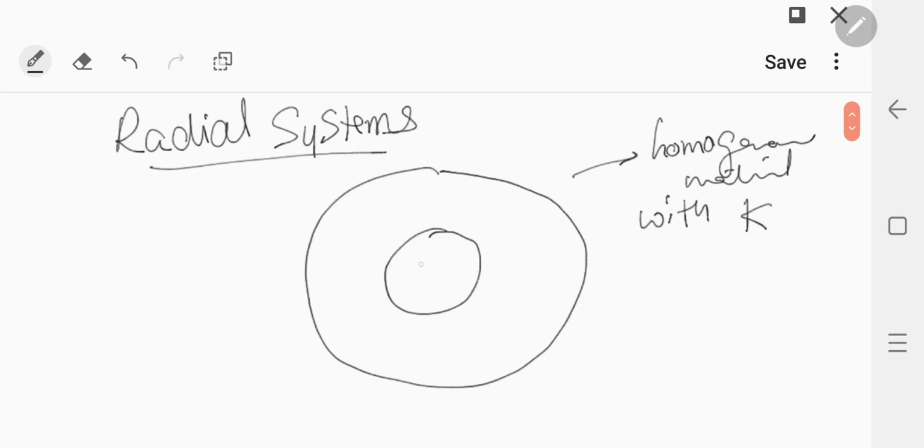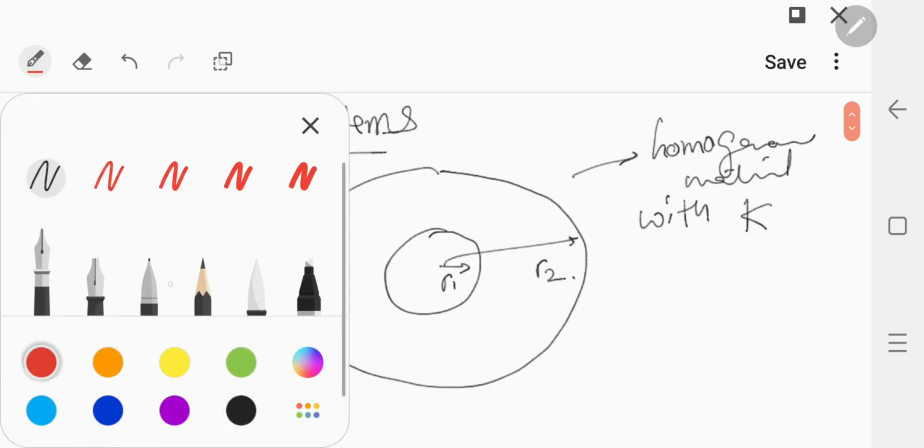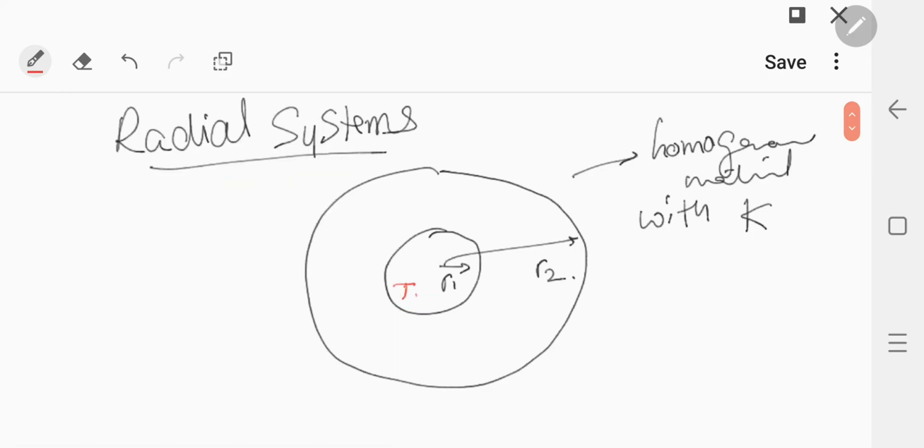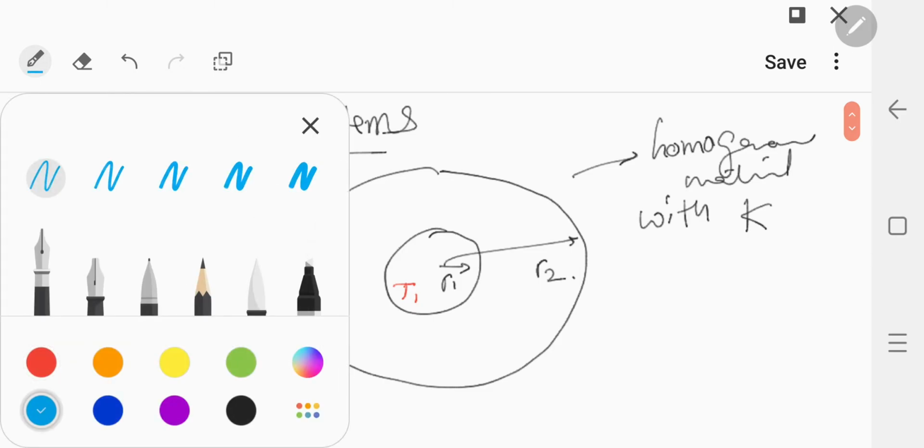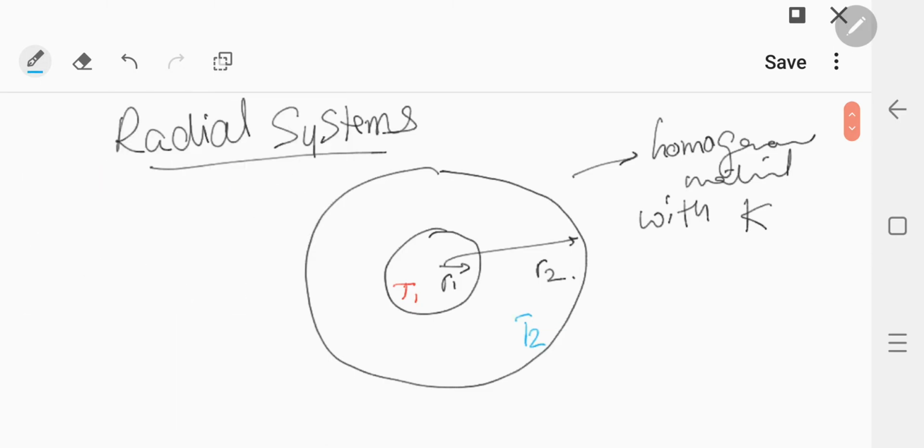The inner radius is R1, the outer radius is R2. The inner wall is maintained at temperature T1. The outer wall is maintained at temperature T2. So we need to determine the rate of heat conduction in a cylindrical system. Now for this system, let's consider a shell of thickness delta R. Now the heat flow is in the radial direction.